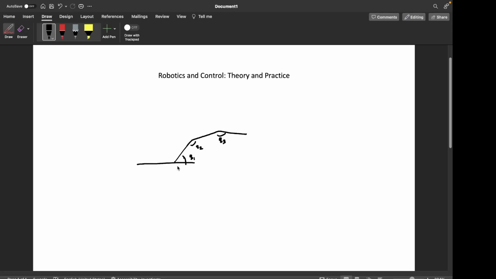So this is link 1, this is link 2, this is link 3, and this is link 4. So n is 3, and I'm denoting the degree of freedom as n, right? So for question 1, the correct option is 3.